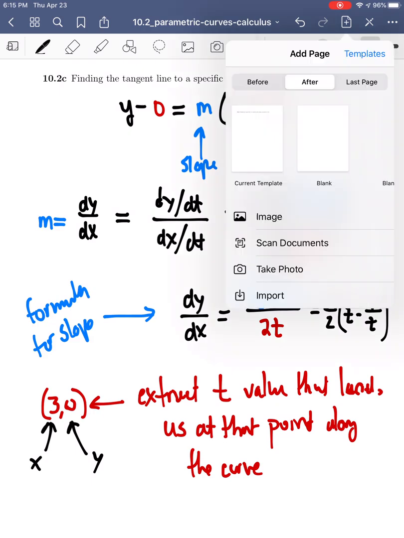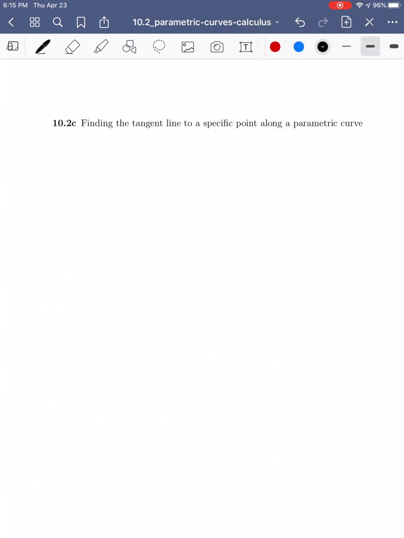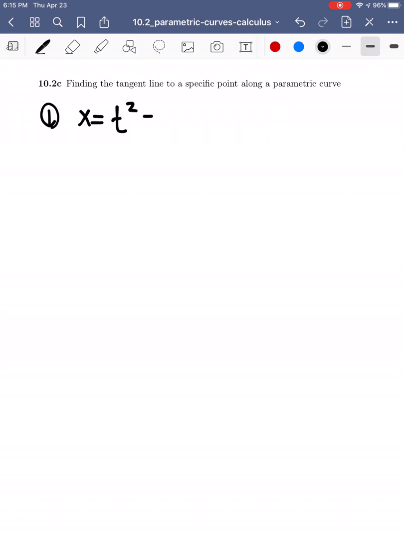So if you remember, our equation for x was x equals t squared. And if we care to land at the point x equals 3, we need t squared to equal 3.